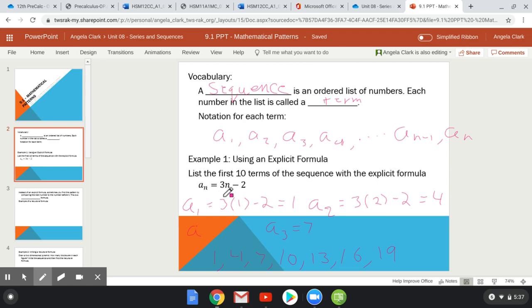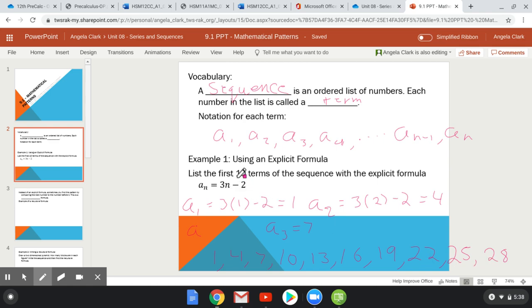A8, 3 times 8 is 24, minus 2 is 22. A9, 3 times 9 is 27, minus 2 is 25. And A10, 3 times 10 is 30, minus 2 is 28. So this is the first 10 terms.